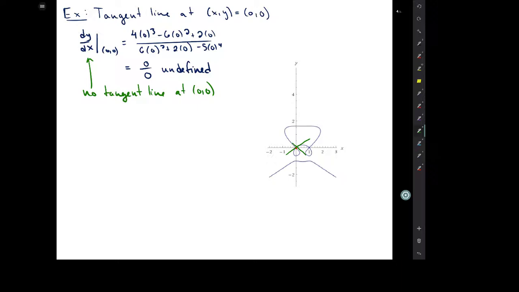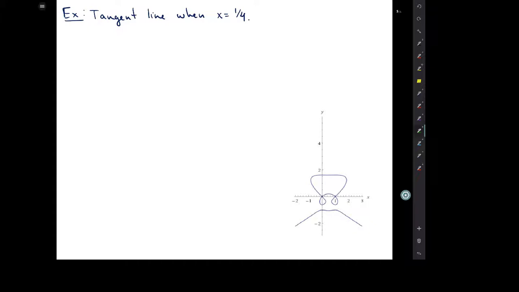I want to show you one more kind of fun thing that happens when we are looking at curves with implicitly defined derivatives. So we can talk about the tangent line when x is equal to 1/4. So I'm only specifying an x-coordinate here. I'm not specifying a y-coordinate.